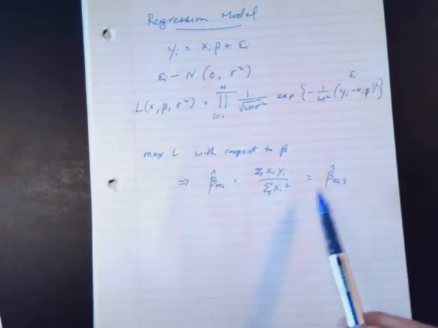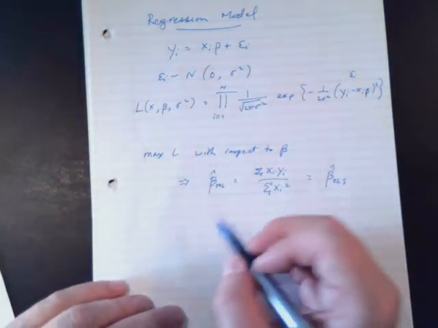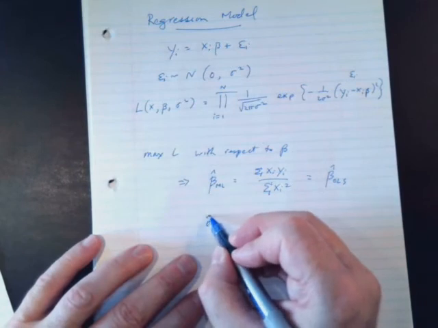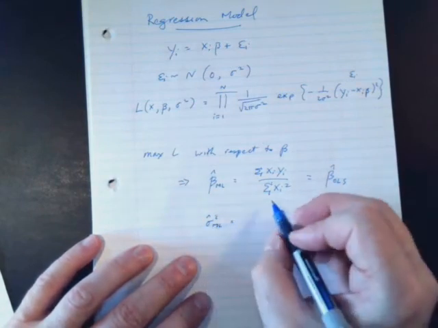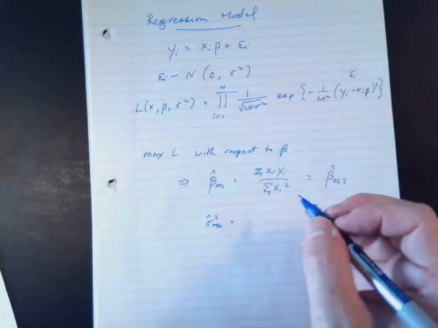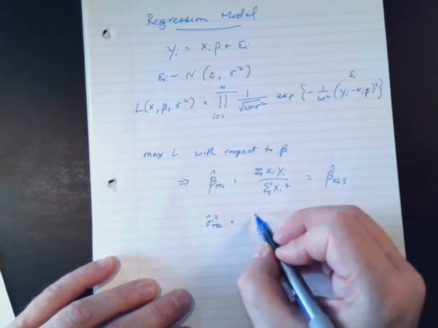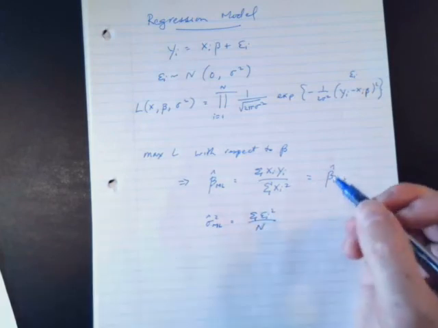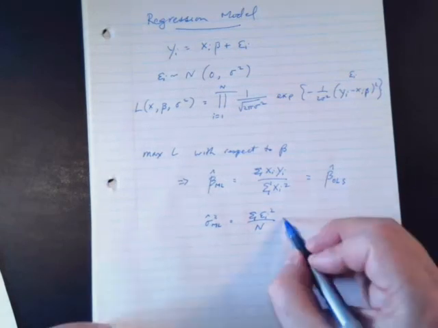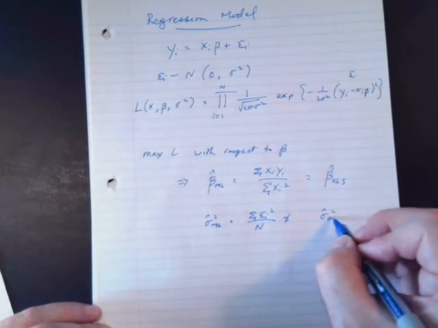So the OLS estimator is also the maximum likelihood estimator. And sigma hat squared maximum likelihood is the sum of the error terms over n, which is not the same as sigma hat squared OLS.